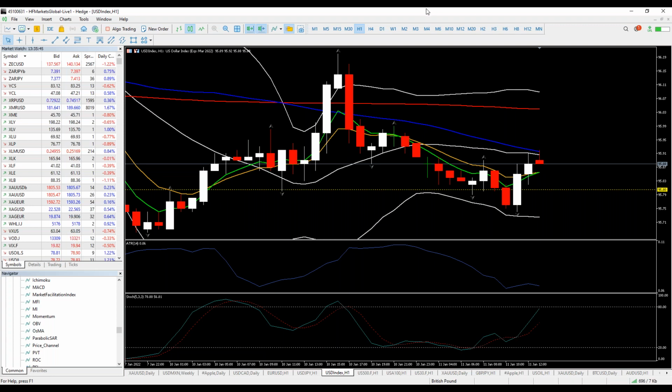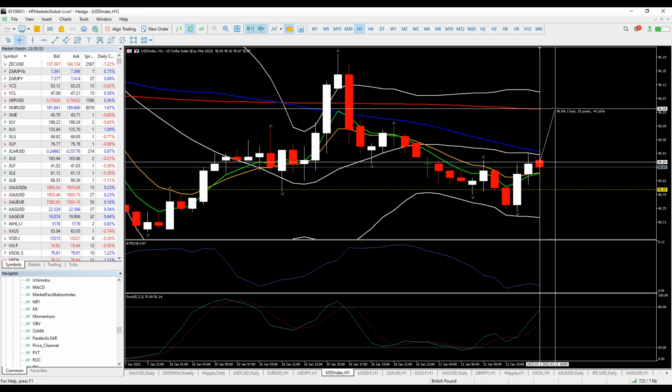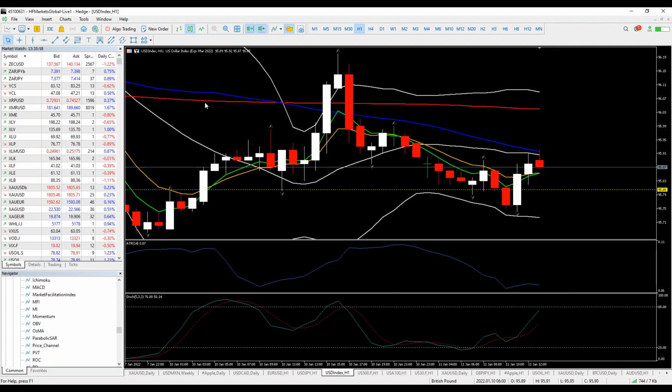So the stop loss is here, and let's assume the target is initially on the round 95 and on the upper range. This is just briefly how you can use it, just to get familiar with the ATR.